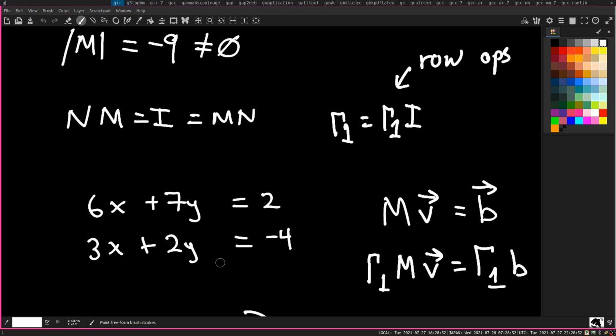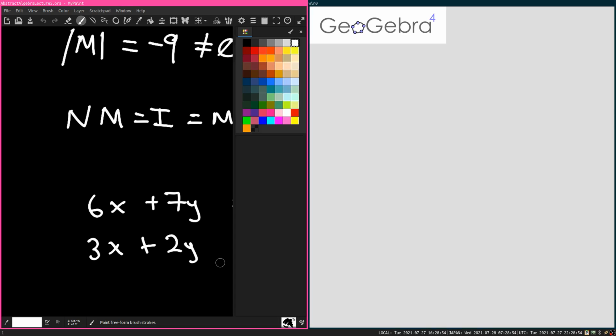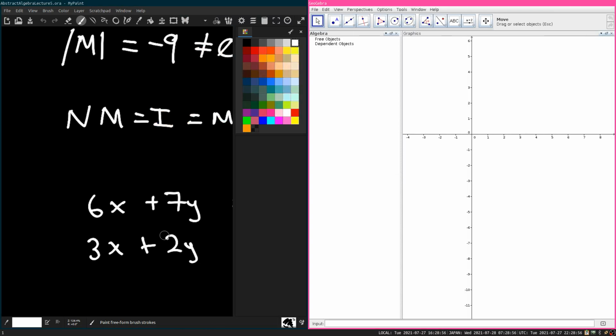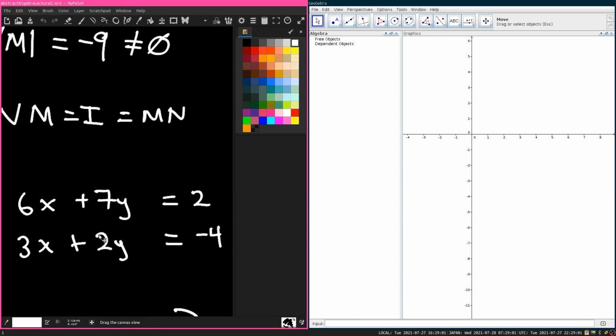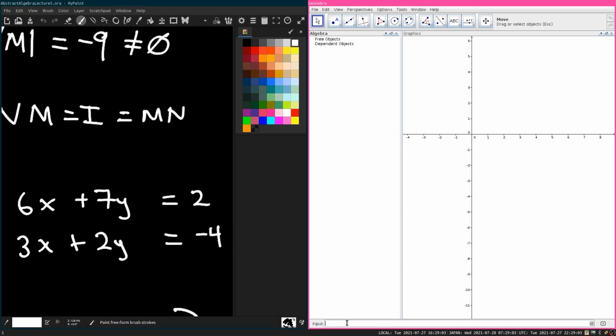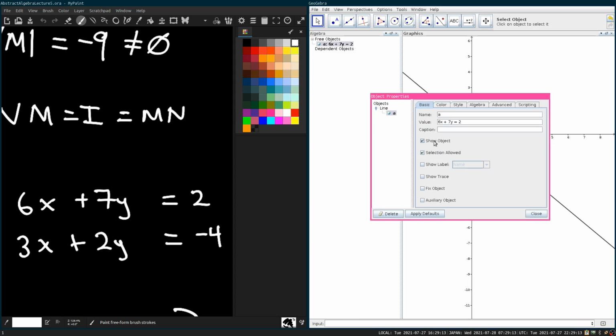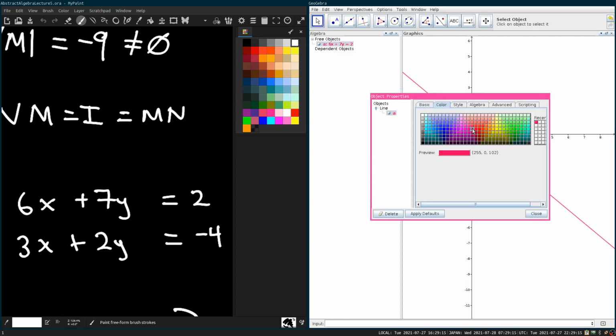So I'm going to open a program called Geogebra. Okay. And what I'm going to do is first plot the first equation, 6x plus 7y is equal to 2. Okay, that's a line. And I'm going to give it a color, and I'm going to color it red.